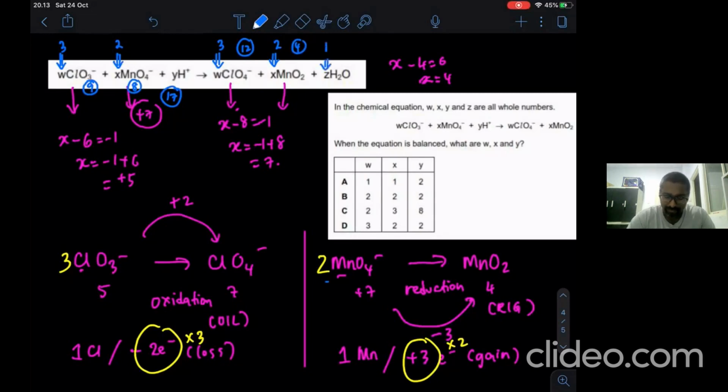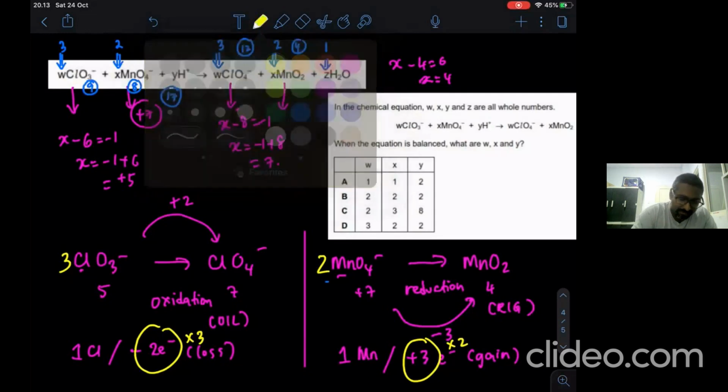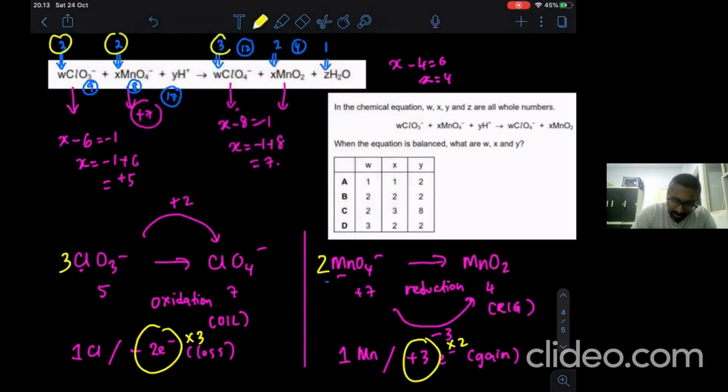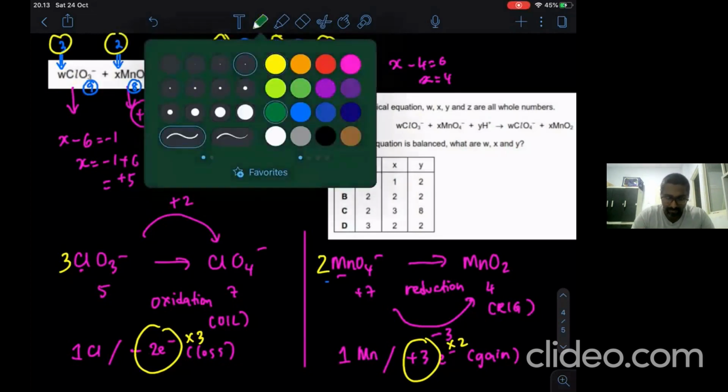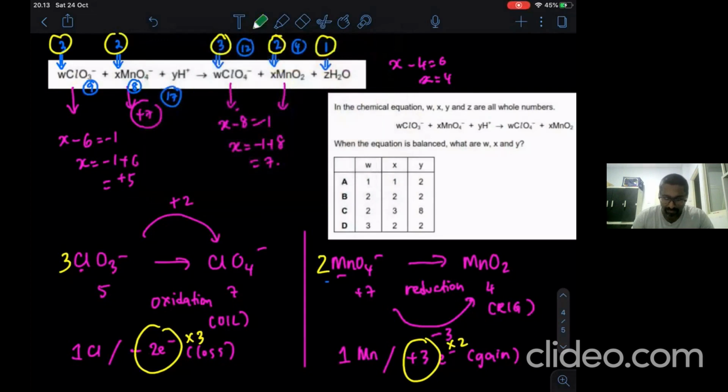So what is going to be the number that I'm looking for? These are the numbers that we are looking for. But of course, they didn't want you to write everything. But again, we have calculated. So we just put W is going to be 3, and then X is going to be 2. And Y, in this case, you just need to balance.